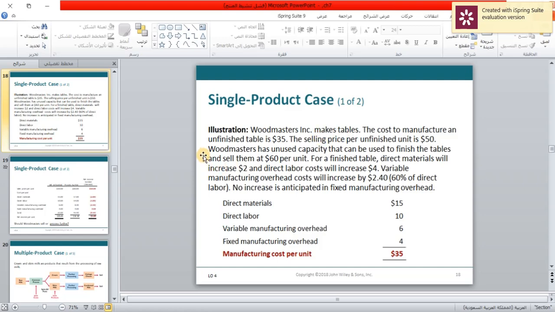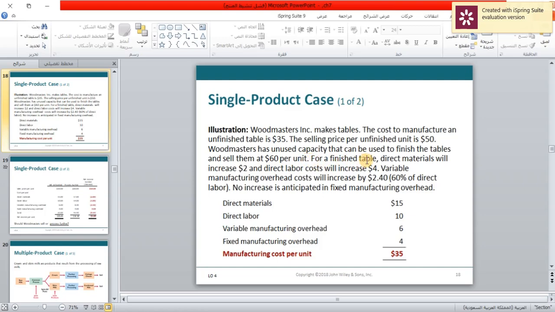Now we discuss if Woodmasters has unused capacity that can be used to finish the tables and sell them at $60 per unit. The new situation, alternative B, is to complete manufacturing the tables and sell them at $60 per unit.